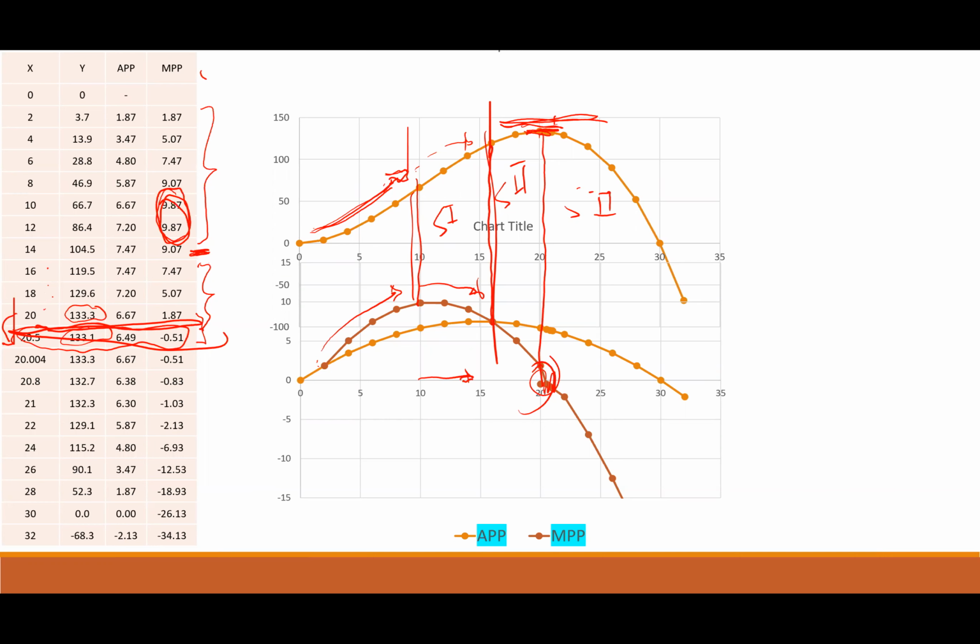But when I increase by 2, from 20 to 22, I jump suddenly from 187 to minus 213. I said, well, there has to be something in the middle. So let me get as close as possible to the actual optimum value. That's why I went from 18 to 20, 20.5, to 21, and that shows on the curve here.